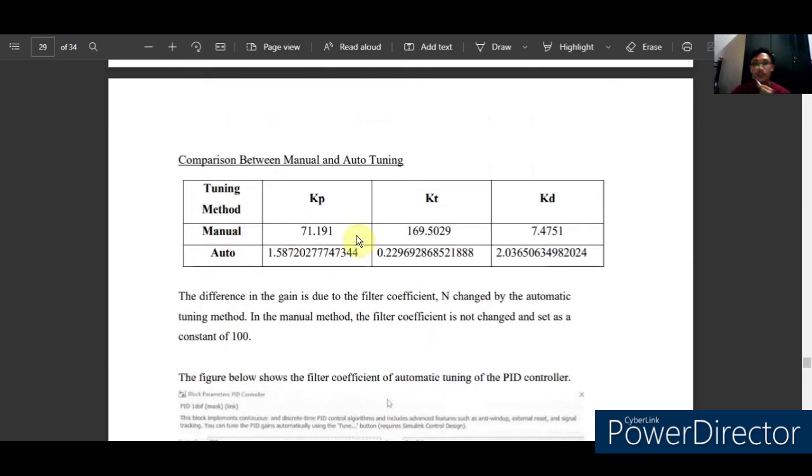So this is the comparison between manual and auto tuning of PID. As you can see, for the manual KP 71.191, for the auto 1.5872. For KI, it is 169.4029 for manual, and for the auto it is 0.2297. For the manual KD is 7.4751, but for the auto it is 2.0365.